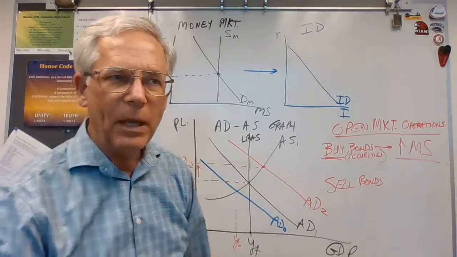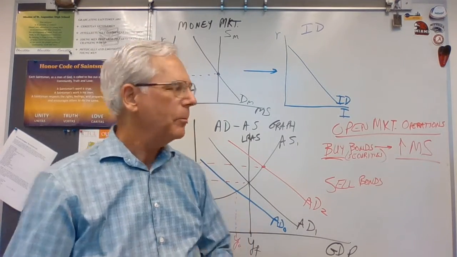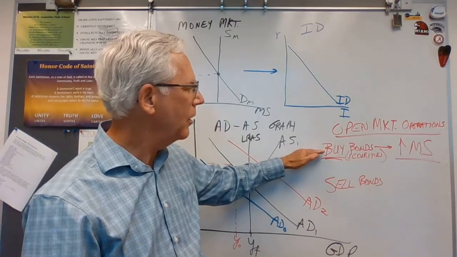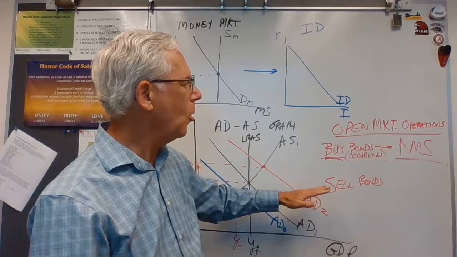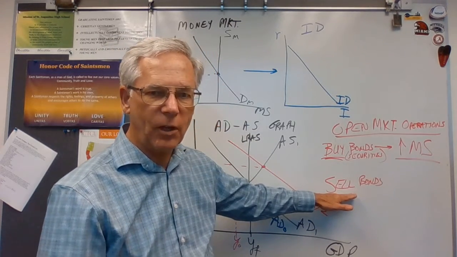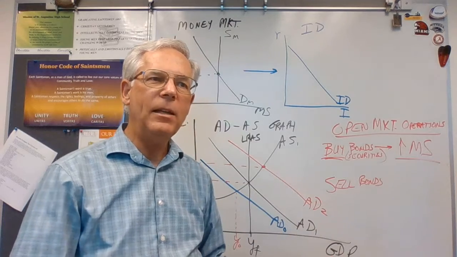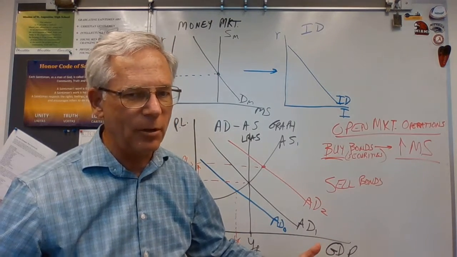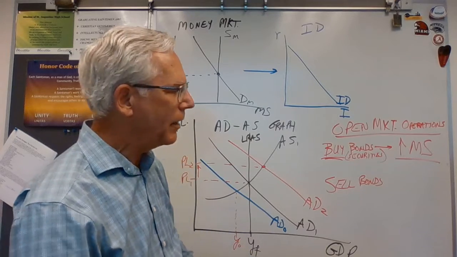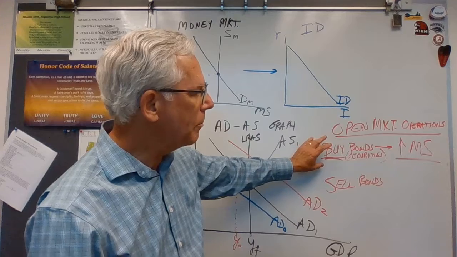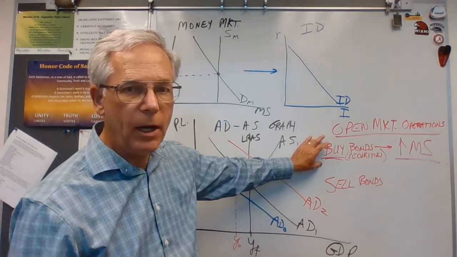The Fed basically induces people to either buy the bonds that the Fed is purchasing, or the Fed can sell bonds to banks and individuals by making these people a deal they can't refuse, to use a little Godfather terminology there. How do they make a deal you can't refuse? If the Fed wants to buy bonds, they simply offer a high price.